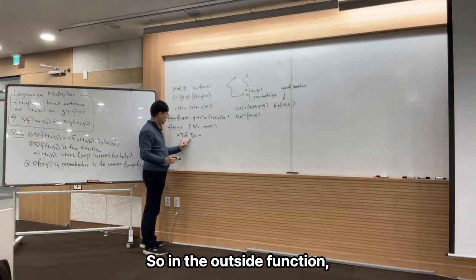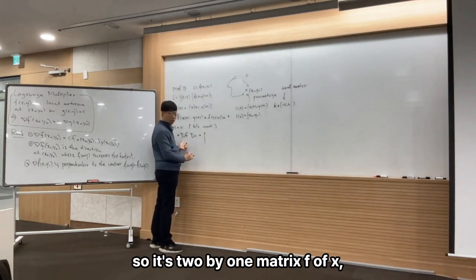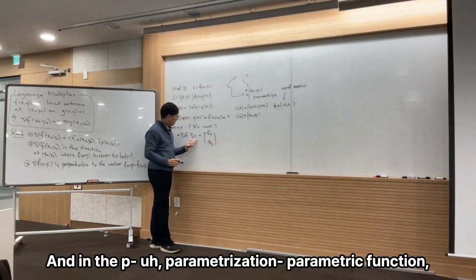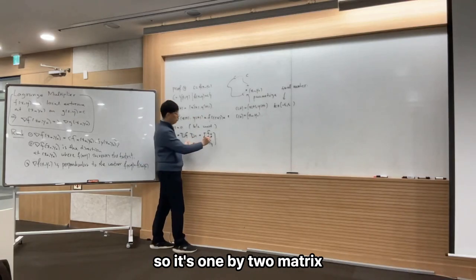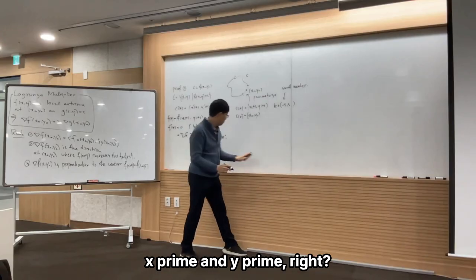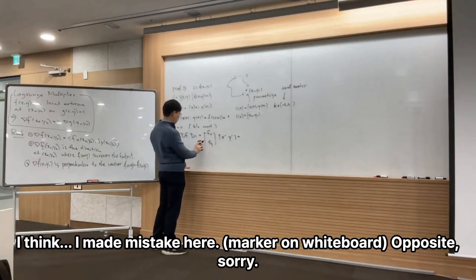The outside function is a 2-to-1 function, so it's a 2 by 1 matrix, f_x, f_y. The parametric function is a 1-to-2 function, so it's a 1 by 2 matrix, x' and y'. Sorry, I think I made a mistake here.